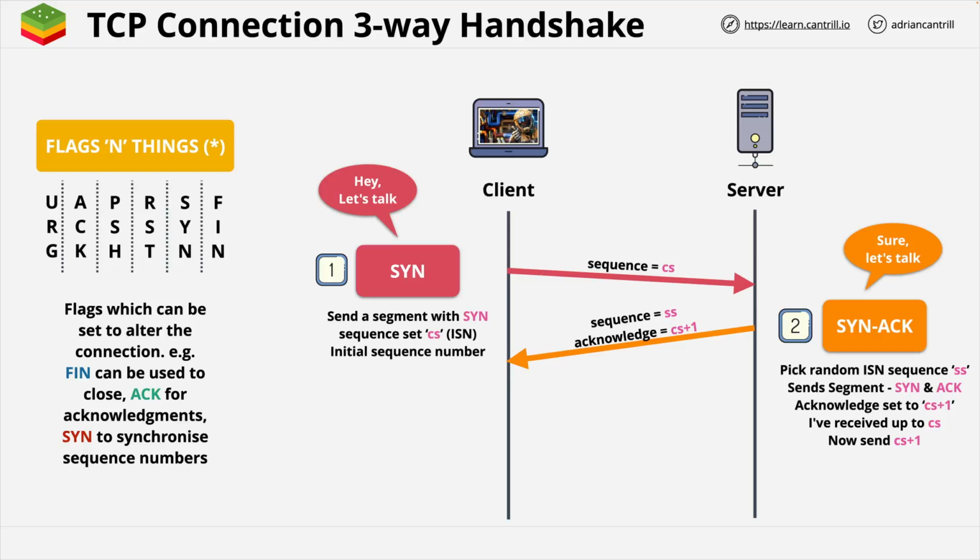This is essentially informing the client that it's received all of the previous transmission, so CS, and it wants it to send the next part of the data, so CS plus 1. So it's sending this segment back to the client, picking its own server sequence, SS, and incrementing the client sequence by 1.